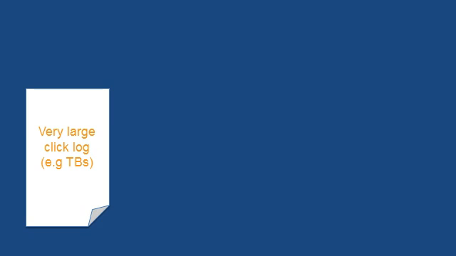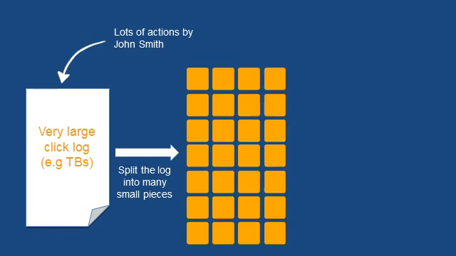So taking a very common example, which might be, say, clickstream analysis or web server log analysis, you're going to have a very, very large log file which can be generated from high amounts of traffic on a web property. That might contain a set of actions that you want to identify for one specific user. What you can do with EMR and with Hadoop more generally is to split that log file into a great many small pieces depending upon the number of nodes in your cluster.